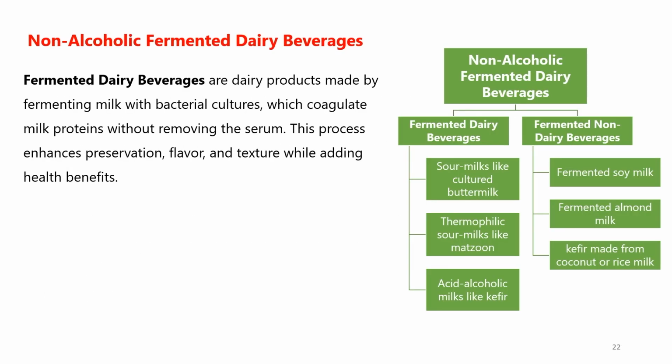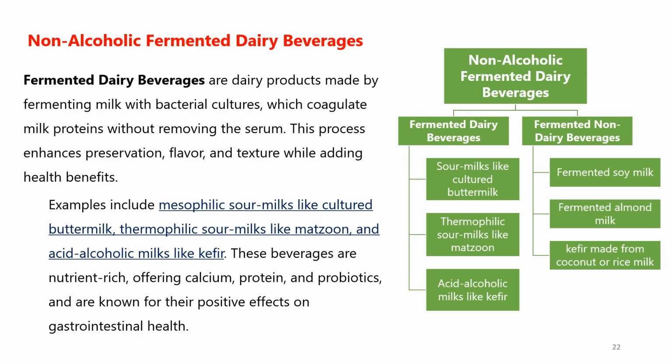Let us now have a discussion about another kind of non-alcoholic fermented beverage, which is basically the dairy beverages. Fermented dairy beverages are products made by fermenting milk with bacterial cultures, which coagulate milk proteins without removing the serum. This process enhances preservation, flavor and texture while adding health benefits.